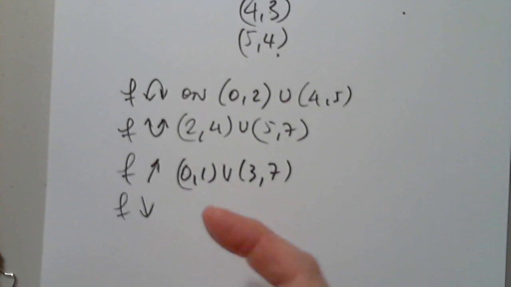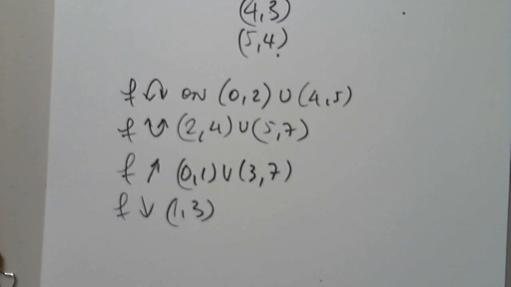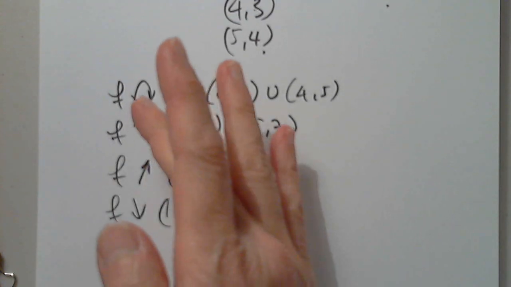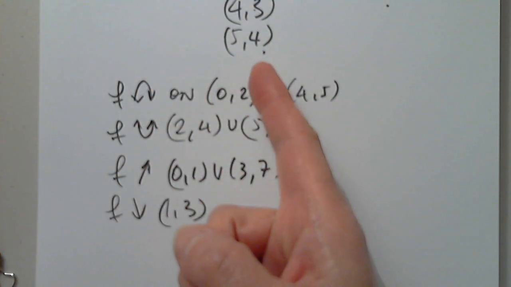And f decreasing, obviously between 1 and 3. Let's check again. So it's decreasing between 1 and 3, right here, 1 and 3. Any questions on the graph? And how to identify concavity, increasing and decreasing, and inflection points.